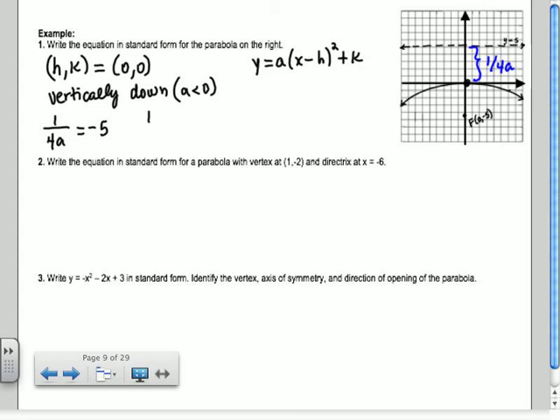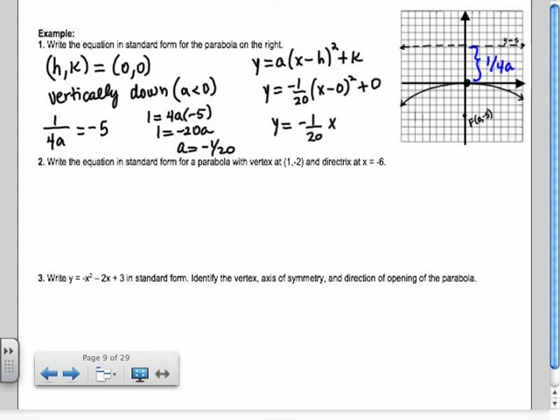So I get 1 equals 4a times negative 5. So it's 1 equals negative 20a. So that means my a value is negative 1 over 20. So I get y equals negative 1 over 20, x minus 0 squared plus 0. So your equation is just y equals negative 1 over 20, x squared. That's it.